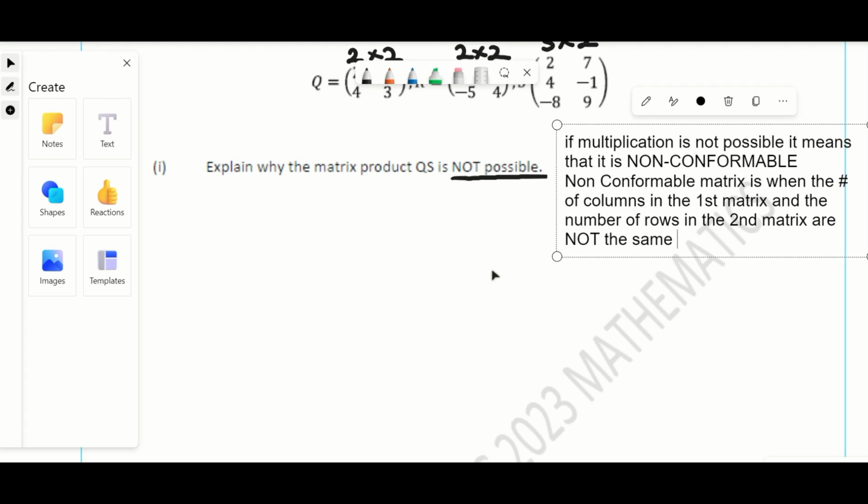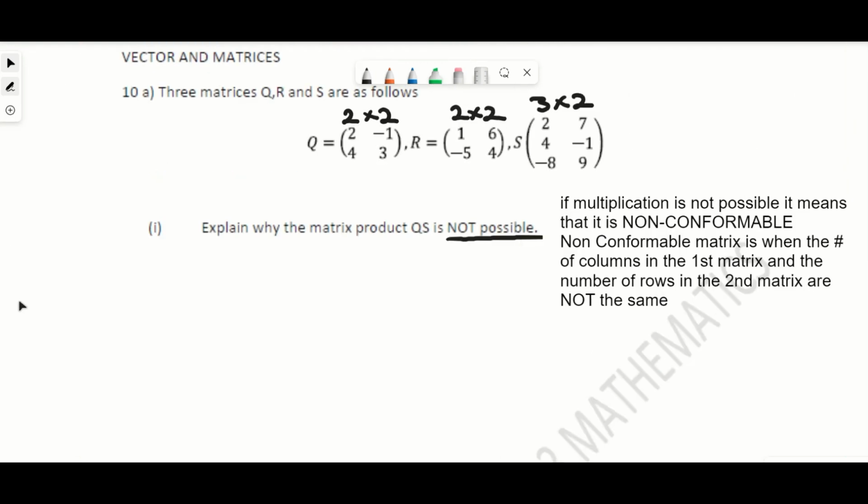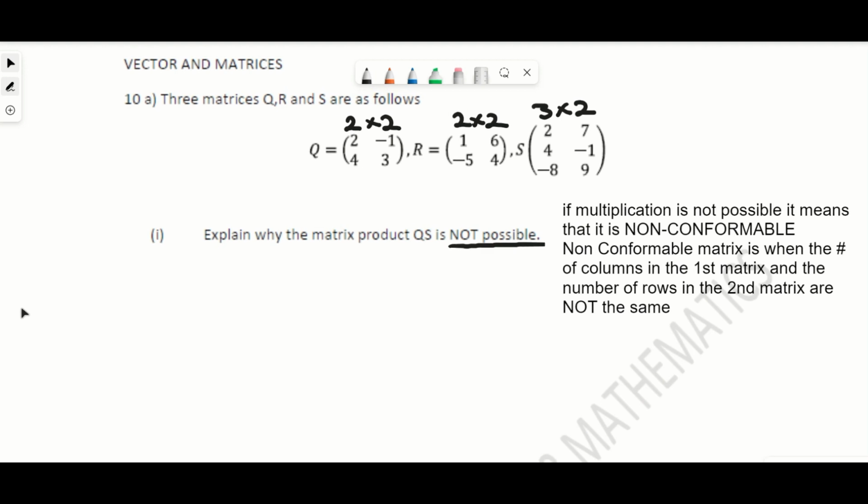So first off, let's see how I would do this question. This is what non-conformable or not possible for multiplication means.